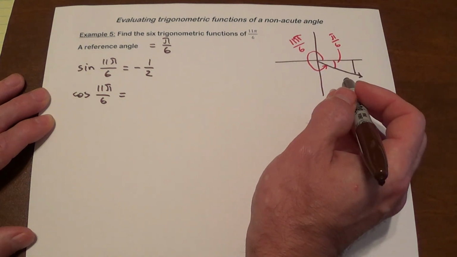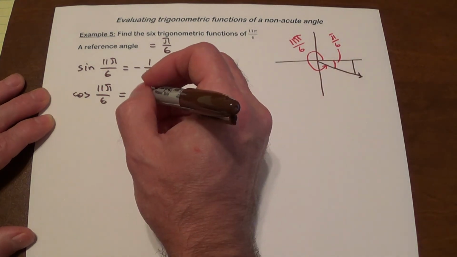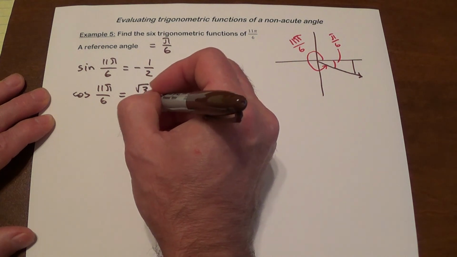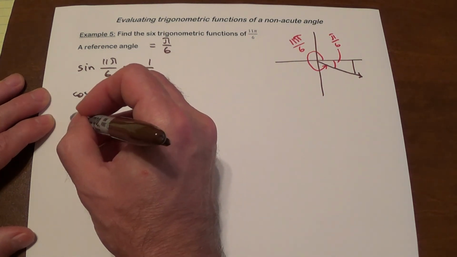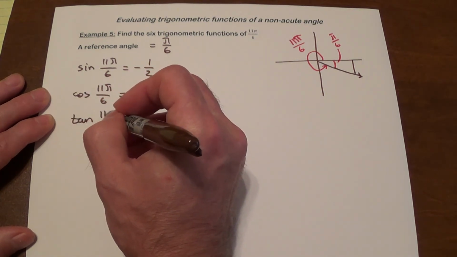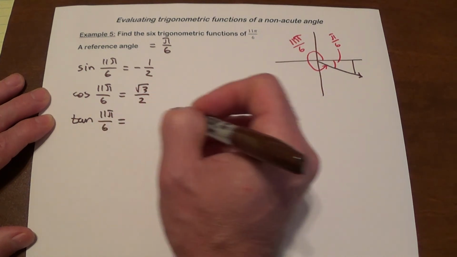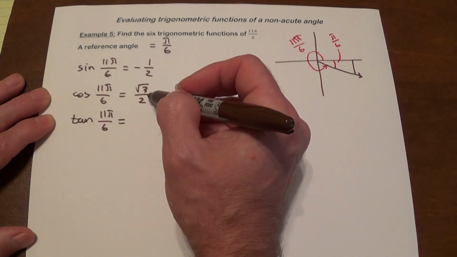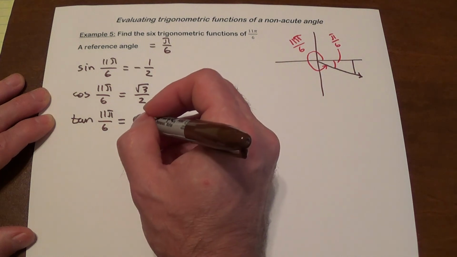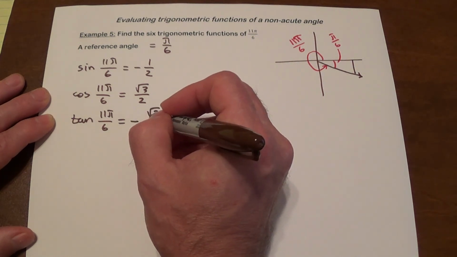We are in quadrant 4 where cosine is positive, so square root of 3 over 2. Tangent of 11 pi over 6 is going to be sine divided by cosine, which is going to give us negative square root of 3 over 3.